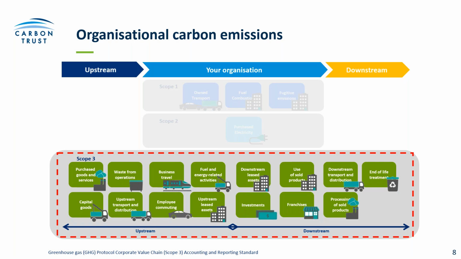In general, we expect there to be less downstream emissions for public sector, service-based, local authority organisations, which are the categories you can see on the right-hand side of the box. Generally, only really downstream leased assets and investments are relevant.